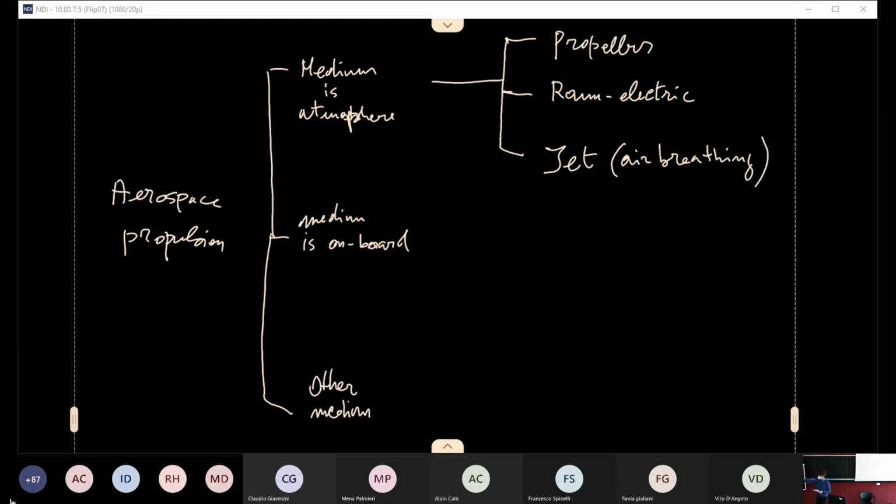About in case the medium is on board, we can consider again something similar based on jets, and these are what we will refer to as thermal rockets.